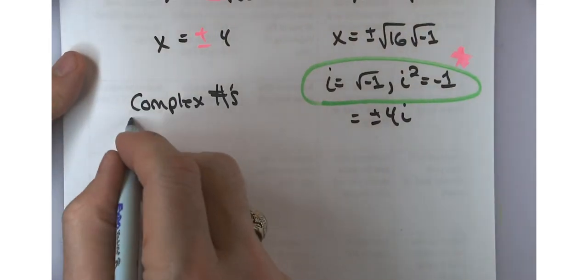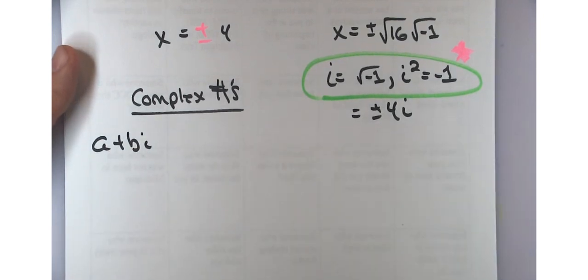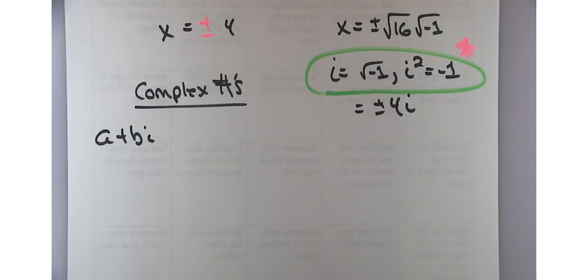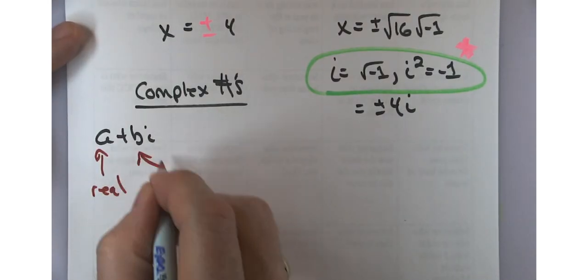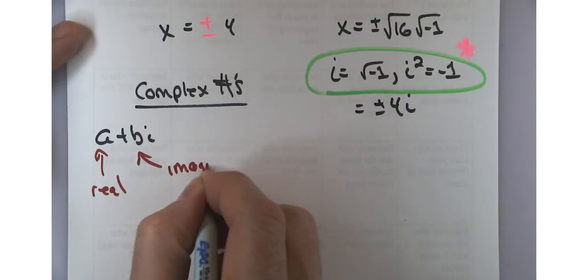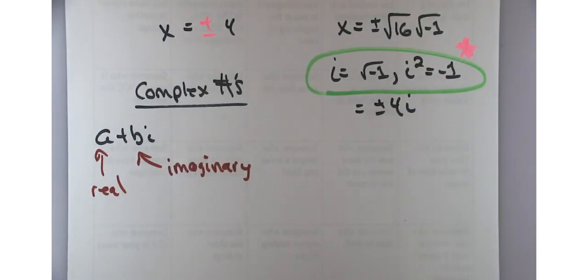Complex numbers look like this. They're a plus b times i. So there's what's called a real part and an imaginary part. Those two parts together make one complex number.